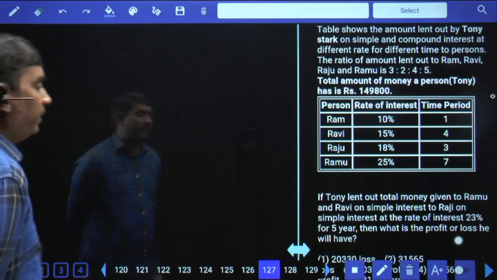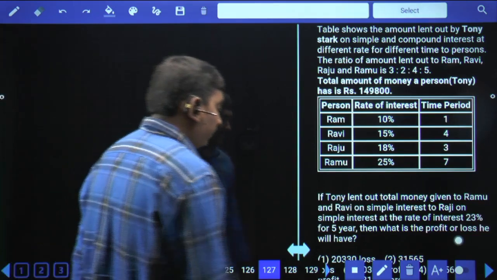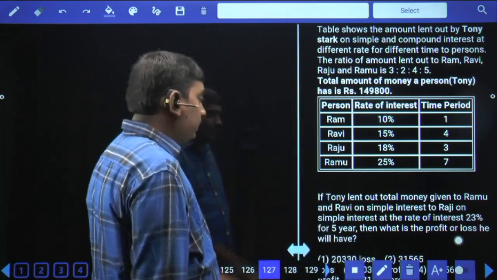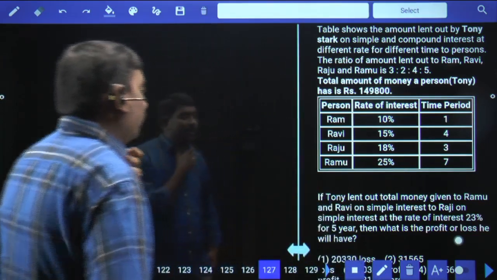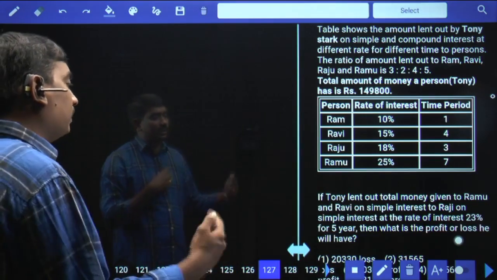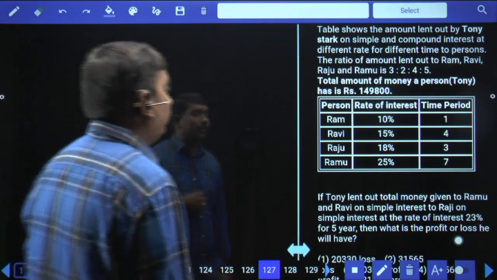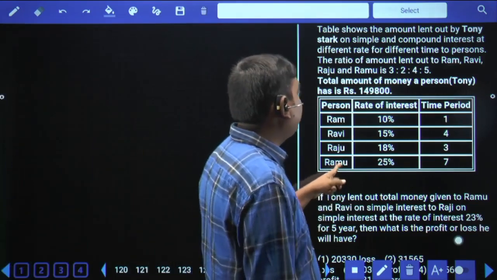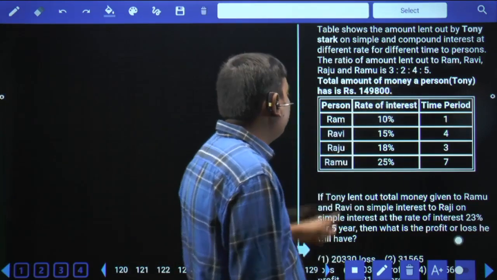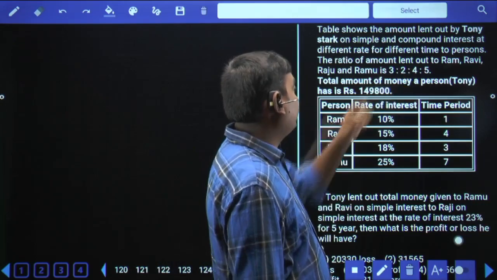Then what is the profit or loss he will have? First of all, the money given to Ramu and Ravi. Ramu means last person, 5 parts. Ravi means second person, 2 parts.